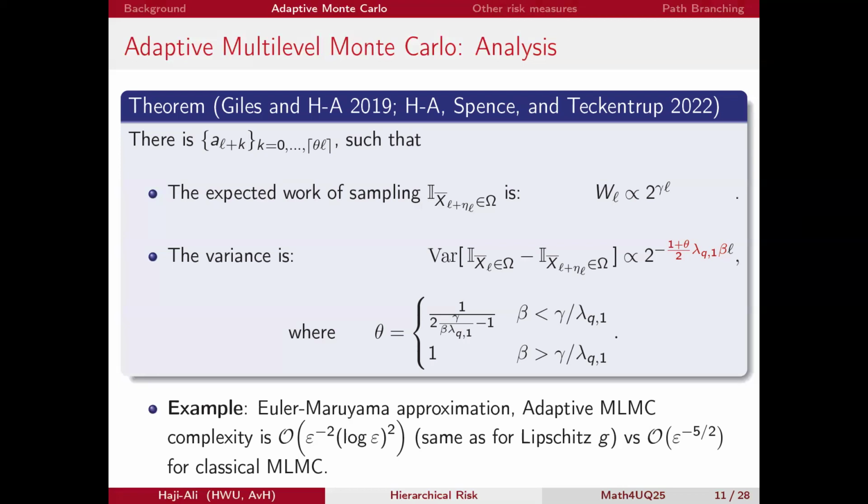So this, for example, for Euler-Maruyama, the example we had before with an indicator function, adaptive multi-level Monte Carlo will have this complexity here: epsilon to the power minus 2 times log epsilon squared. The same as if G was Lipschitz. Classical multi-level Monte Carlo will have a reduced complexity.